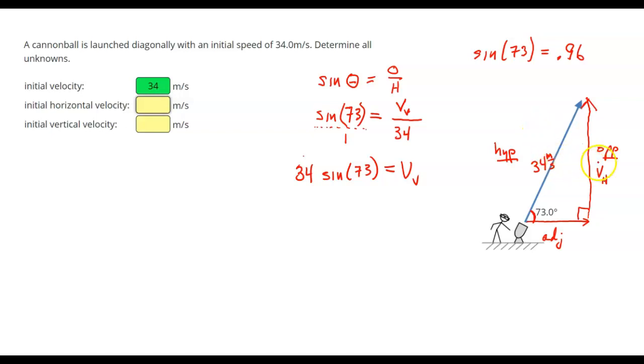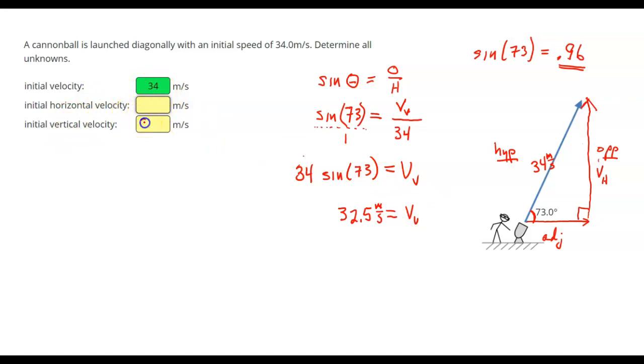You should think of it that way: the sine of 73 is telling us that at 73 degrees, the opposite side of this triangle is 96% of the hypotenuse. So when we multiply our hypotenuse times 96%, or 34 times 0.96, we get 32.5. That's how we figured out that the vertical velocity is 32.5.